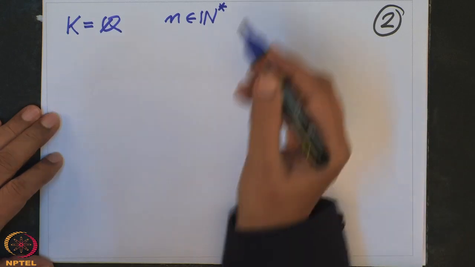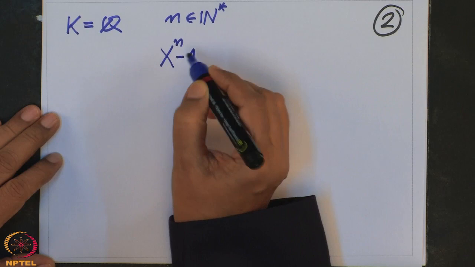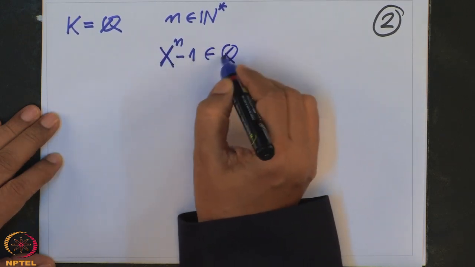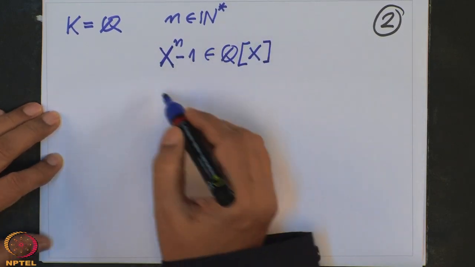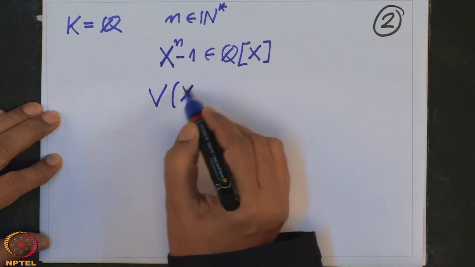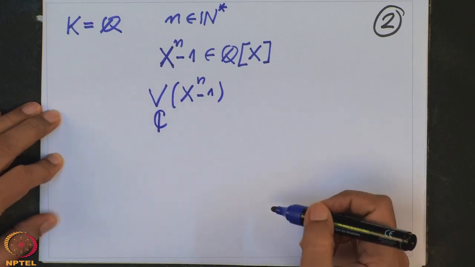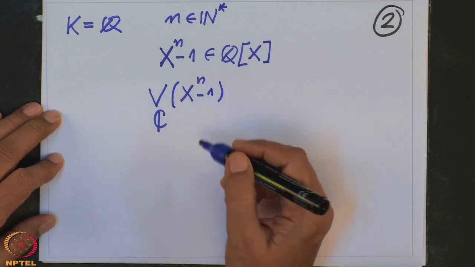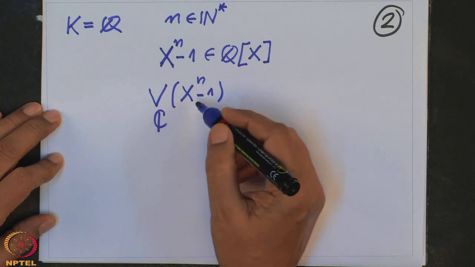And what did we do? We are looking at the roots of these polynomials. This is the polynomial over Q, and we are looking at all zeros of this polynomial over C. We know they are all simple zeros because this polynomial has no repeated root, again because the derivative and this polynomial don't have any common zero.